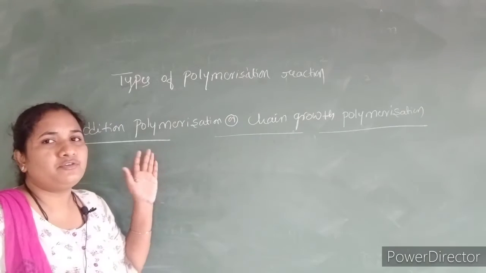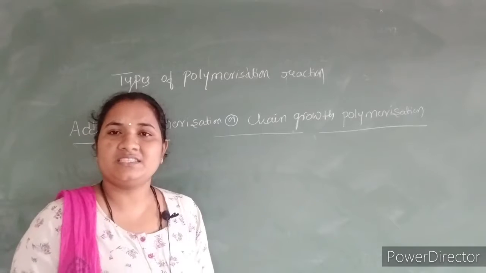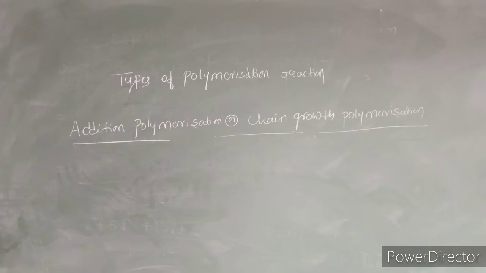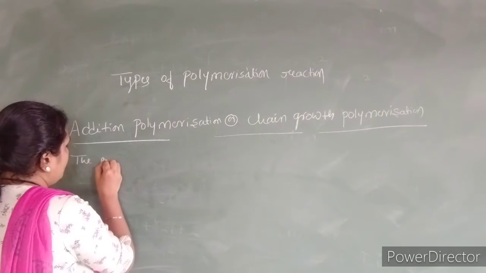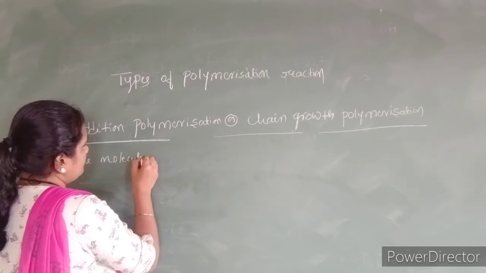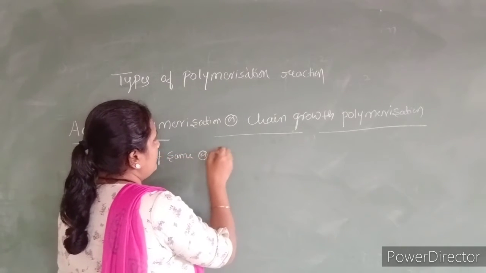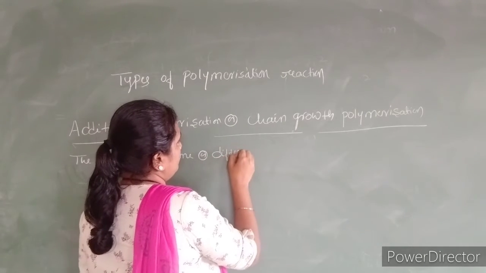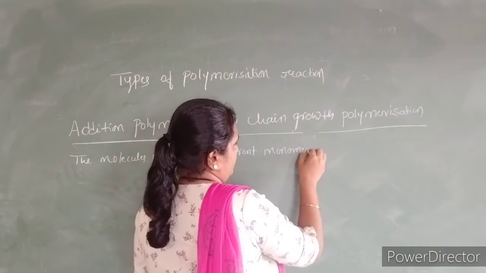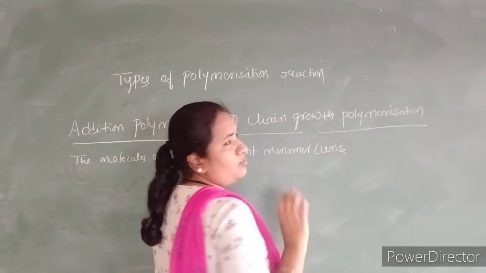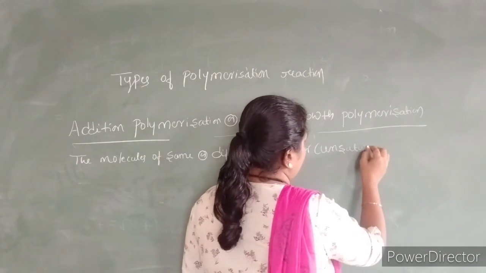Firstly we have to know the definition of the addition polymerization process. We can simply write that addition polymerization is the process in which molecules of the same or different monomer, which must be unsaturated, meaning containing a double bond or a triple bond, undergo addition polymerization.